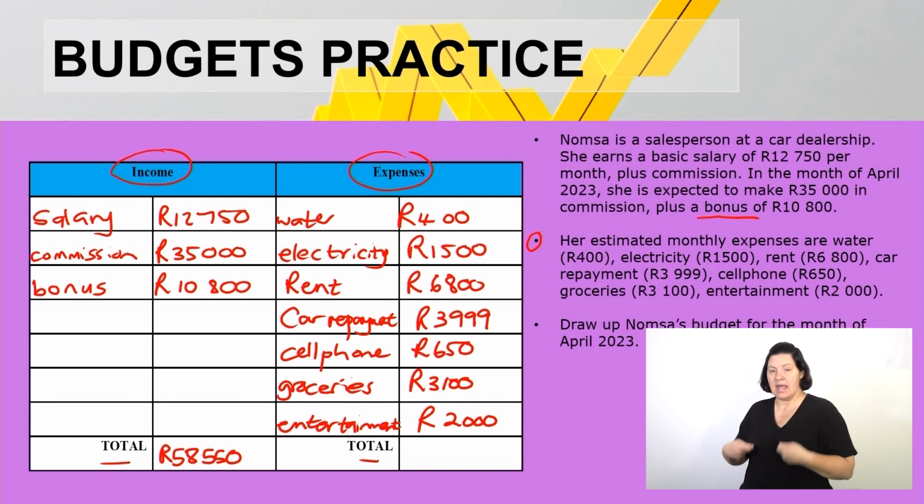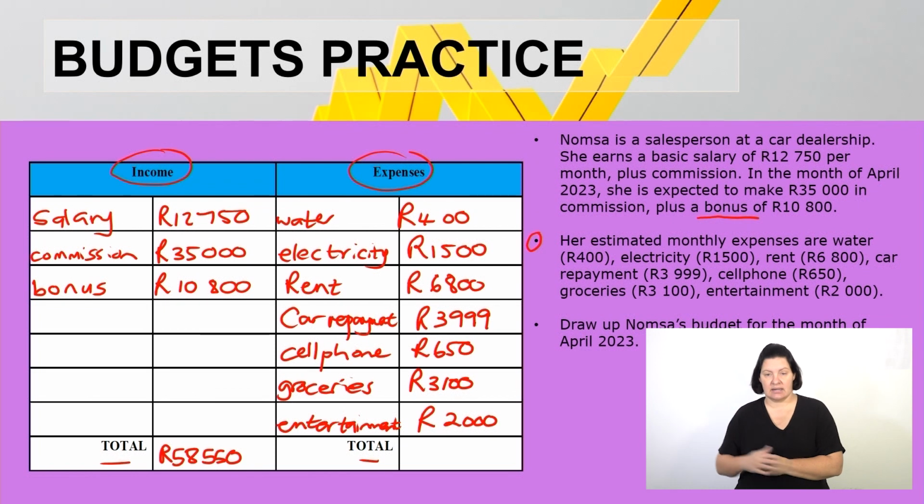Okay, so I added all the income. Now I'll move over to the expenses. So therefore, I'm going to add 400 plus 1,500 plus 6,800 plus 3,999. Let me just go back. I instead said minus, plus 3,999 Rand plus 650 Rand plus 3,100 for groceries, and then lastly 2,000 Rand for entertainment.